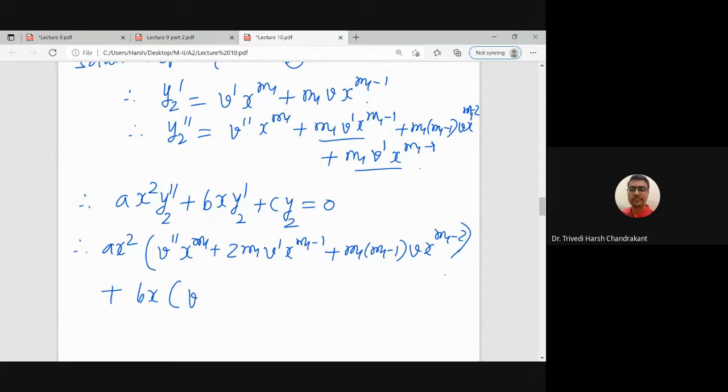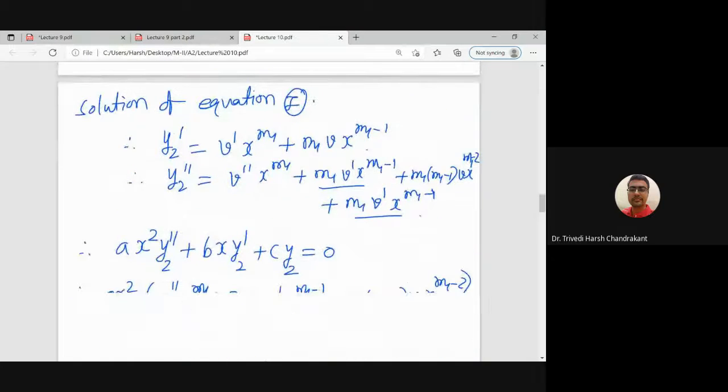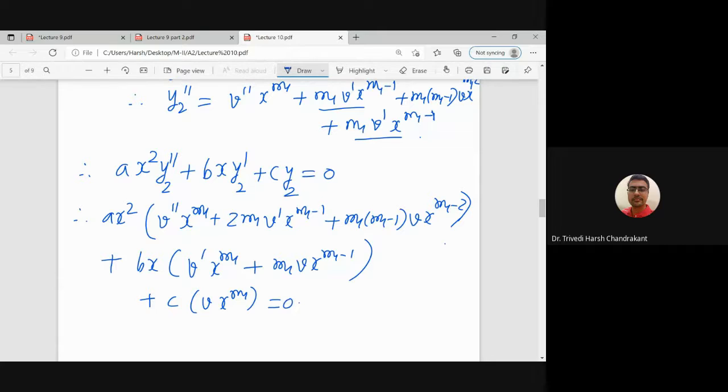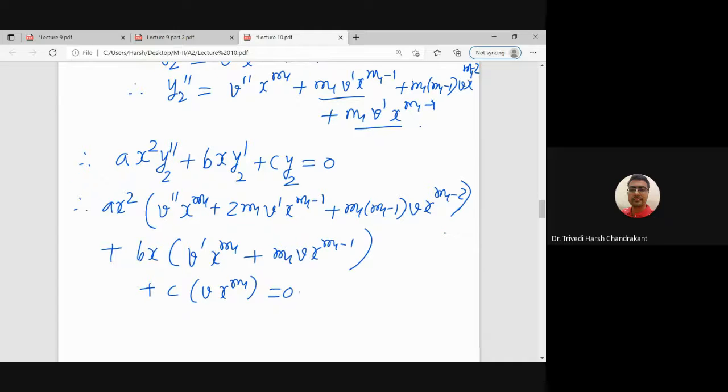Y2 dash is v dash x^m1 plus m1 v x^(m1 minus 1), and the last term is c times v x^m1, equals 0. Okay, so now it is fine. We have substituted all the terms here.